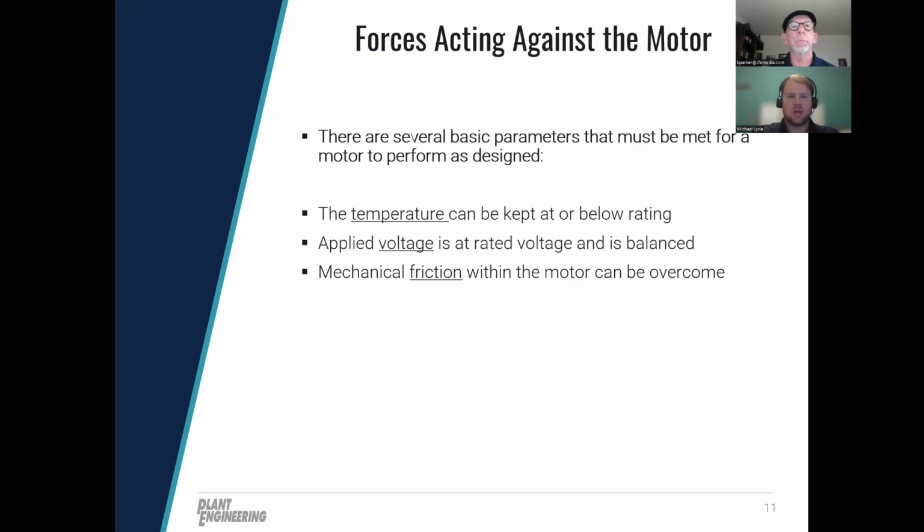Incoming voltage coming from your utility or input distribution transformer definitely needs to be kept as balanced as possible. And then the third force we'll look at is mechanical friction. How do you overcome the mechanical friction during startup?